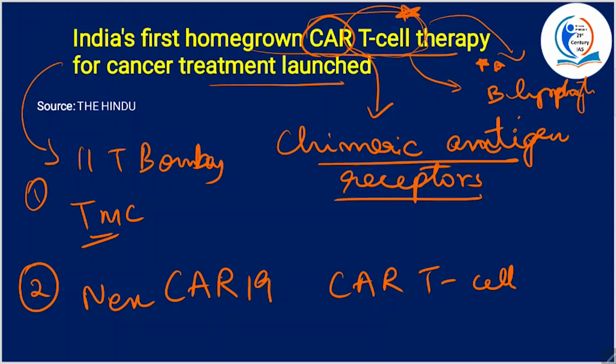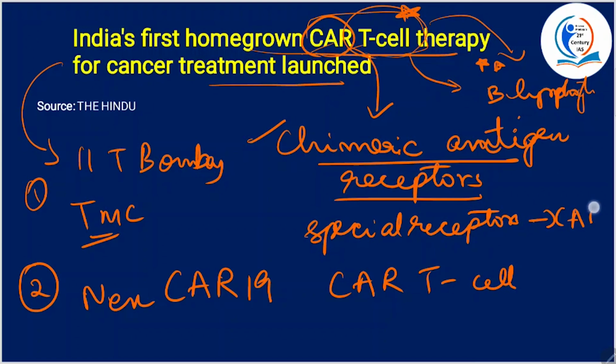Now, what is this CAR T cell therapy? See, this is the full form, chimeric antigen receptor. Now, this CAR T cell therapy involves collecting T cells from the patient's blood and genetically engineering them to produce special receptors called chimeric antigen receptors on their surface, and these engineered CAR cells can recognize and bind to specific protein target antigens on cancer cells.